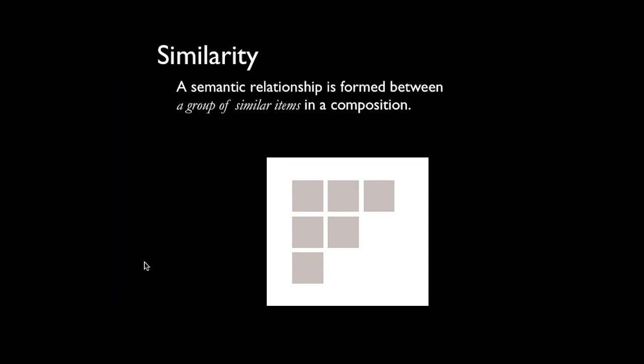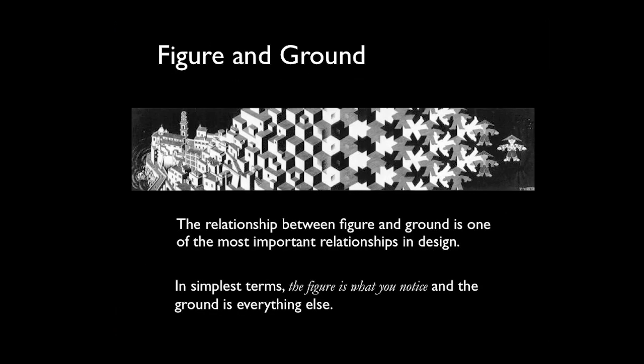And similarity can also mean that we might have a relationship between a group of similar items in a composition. So we see those similar items as being all part of one. So if that was a flock of geese, we might see that as a flock.